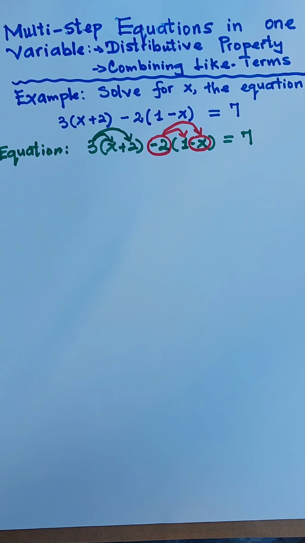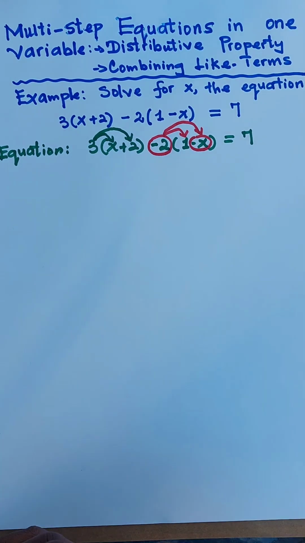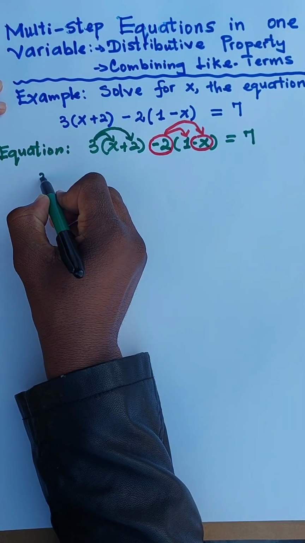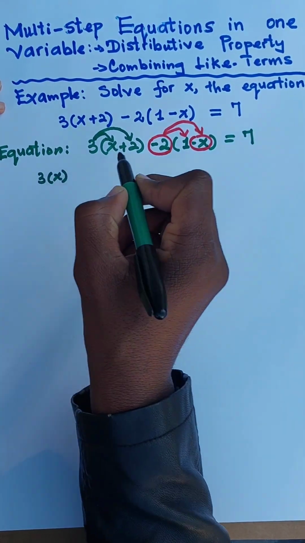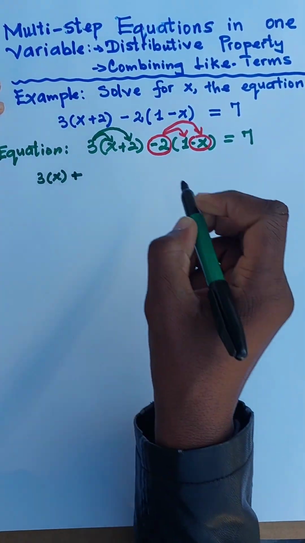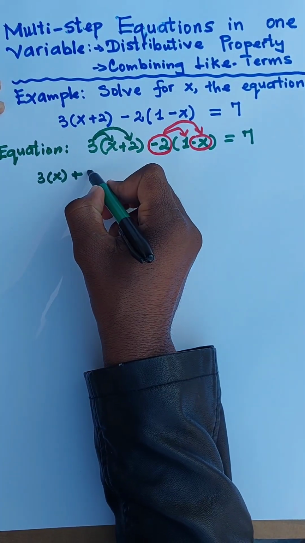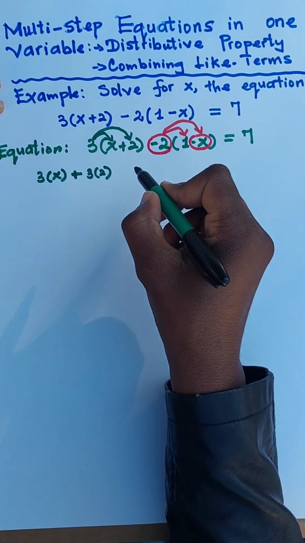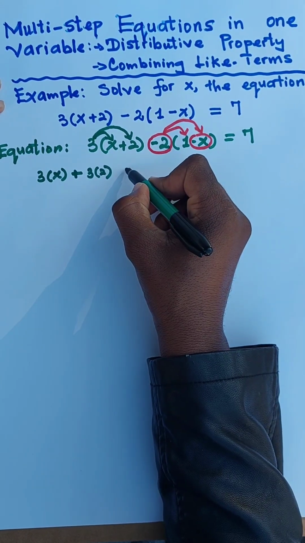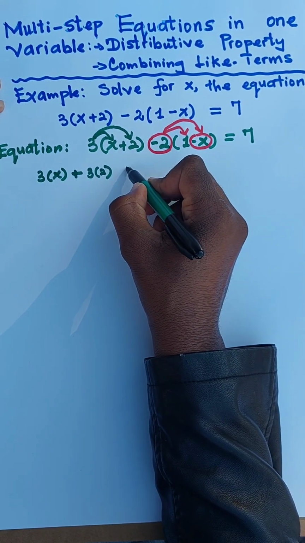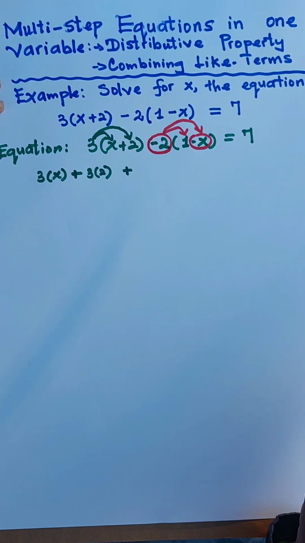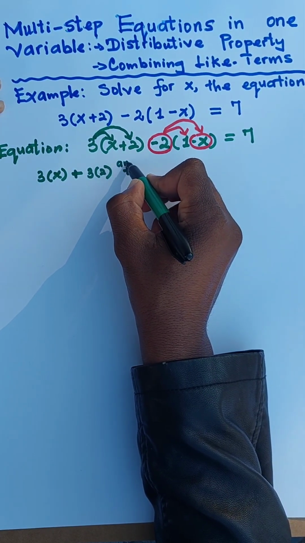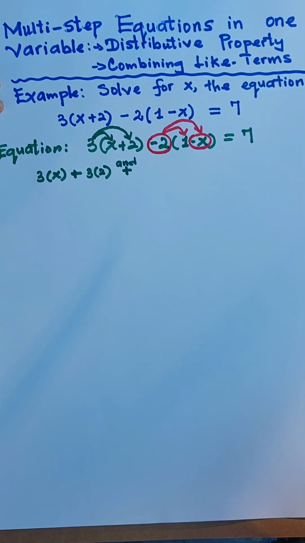So let's go ahead and start off our distributive property then. So we are going to have 3 times x, and we will also have 3 times positive 2. Then we will also have, so this plus sign here is just a connection to the next parenthesis.